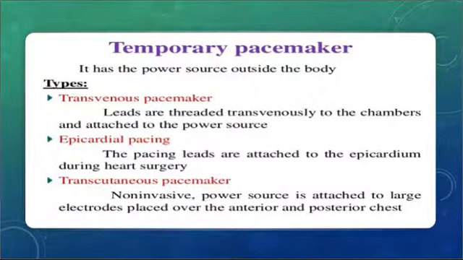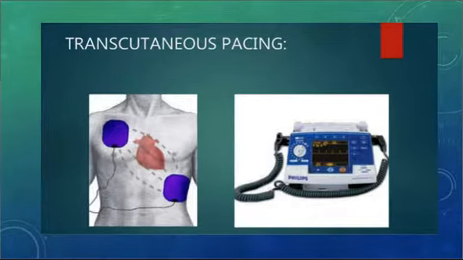Temporary pacemaker. It is a pacemaker that is pacing from outside the body. It can be done transvenous through a vein, transcutaneous through the skin, and epicardial through wires. This is transcutaneous.